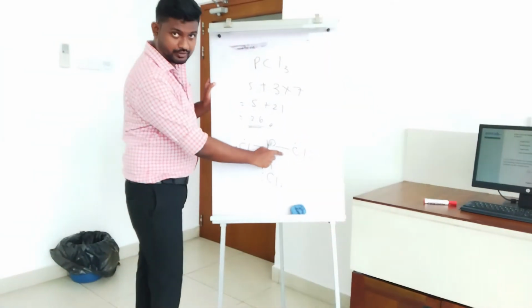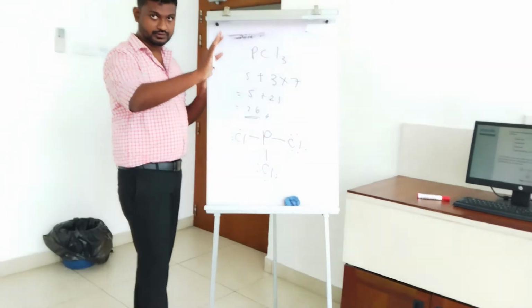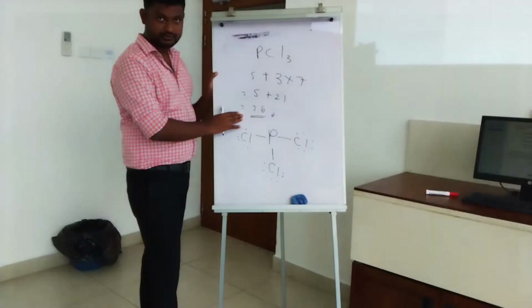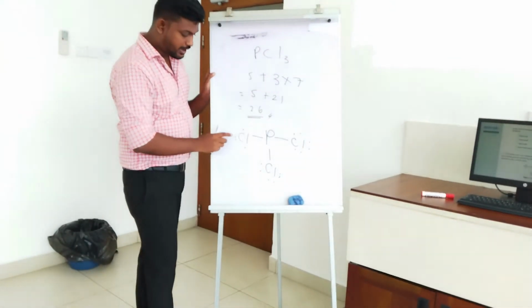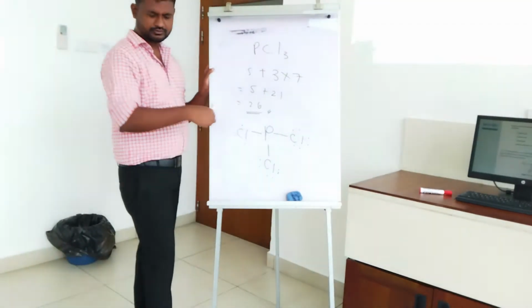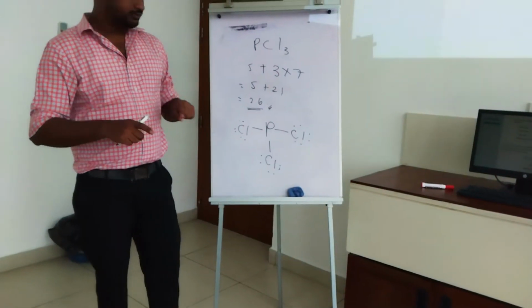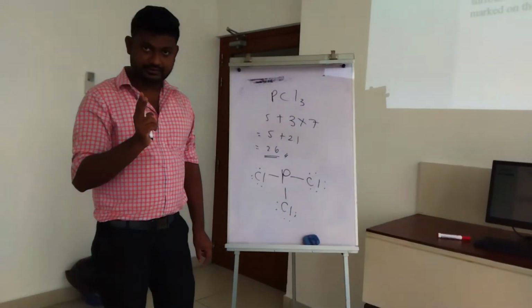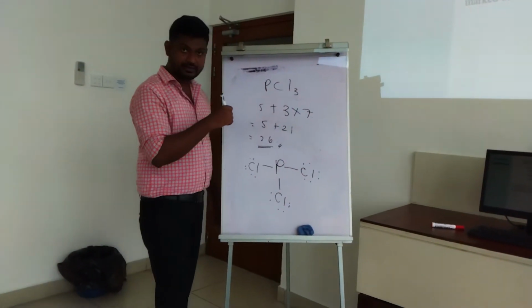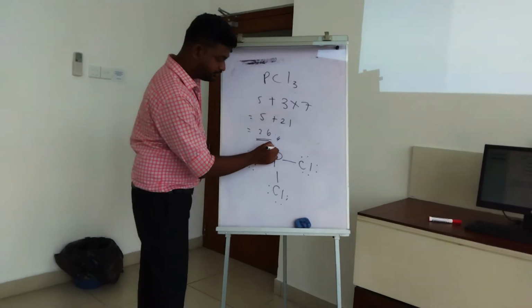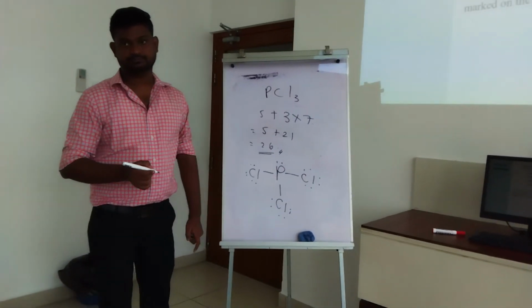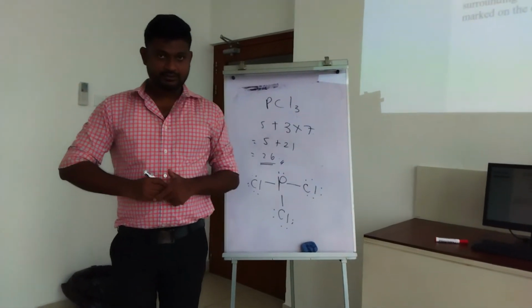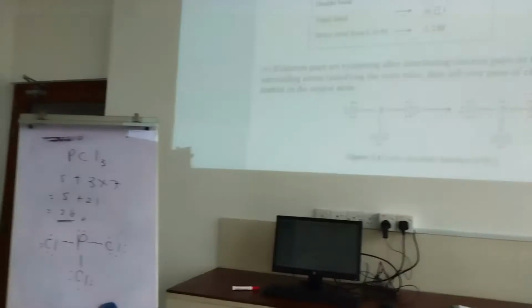There are 3 bonds, so 6 used, and the 20 will be left. From that 20, I put 18 on the chlorine atoms, right? So from that we have 2 remaining electrons, and those 2 remaining electrons will be placed on the central atom. Okay, this is how we draw the structure.